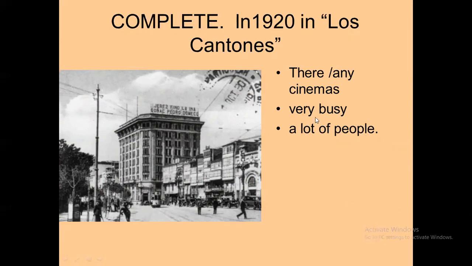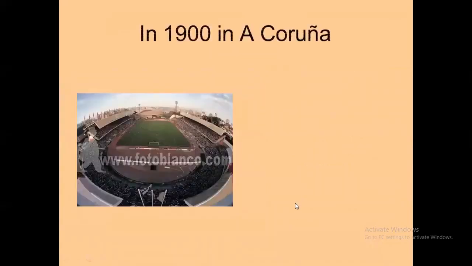So you will say, for example, there didn't use to be any cinemas, and the streets didn't use to be very busy, or the streets didn't use to have a lot of people, and there used to be very few cars, and the streets didn't use to be very noisy. So that's the description of this old city. It used to be quieter, of course, than today.